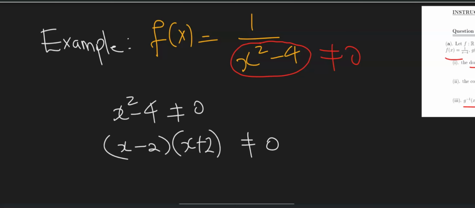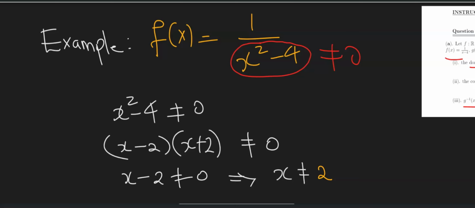Equating each factor to 0, x minus 2 equals 0 implies that x should not be equal to 2. That was the first one.